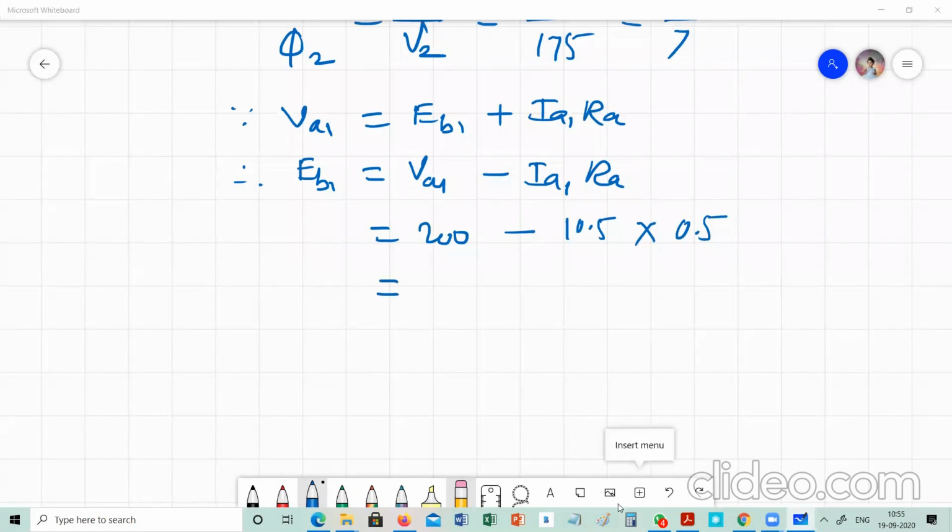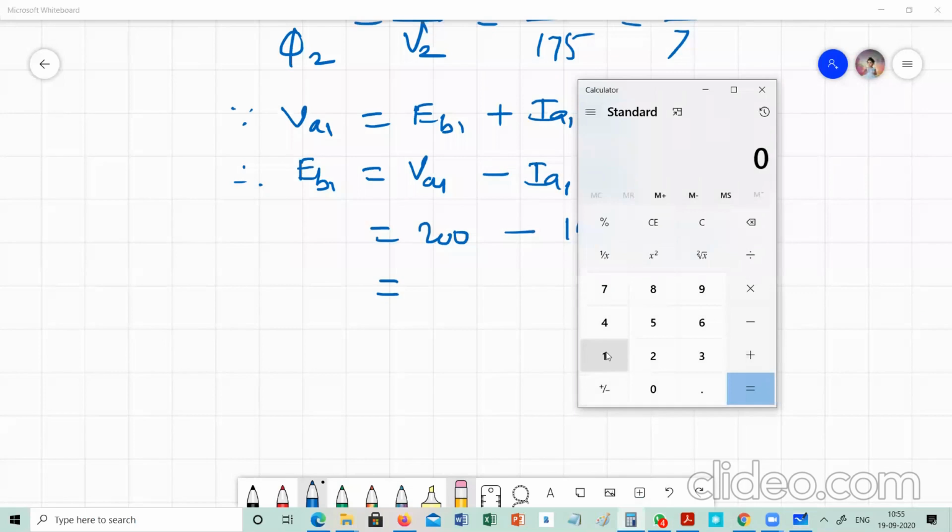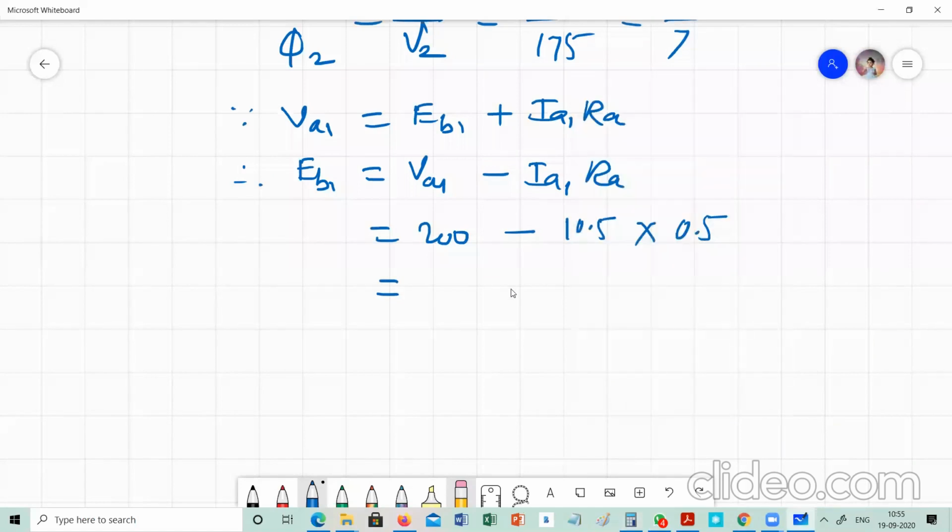I will open the calculator. 10.5 into 0.5, we get 5.25. 200 minus 5.25 is equal to 194.75 volt. Now we have calculated EB1.